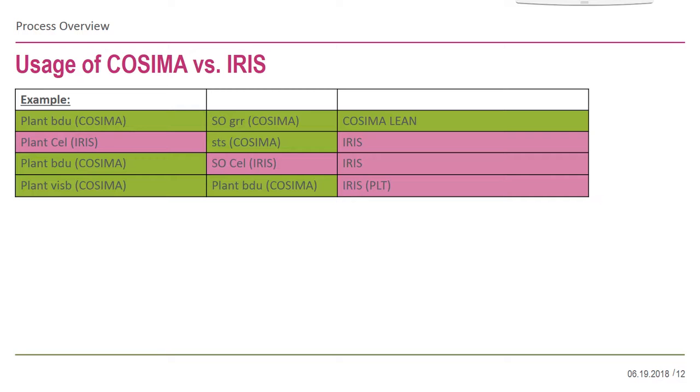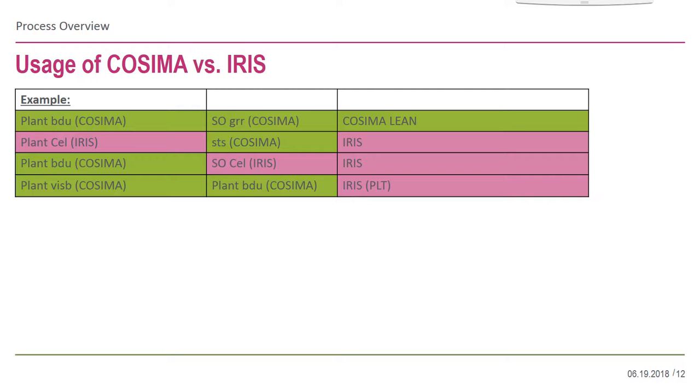And this is going to be for quality complaints, delivery complaints, non-complaints, terms complaints, everything but PLTs, which we'll discuss in just a sec. So when the plant and sales office both have Cosima rolled out, Cosima Lean is going to be used as the system for complaint management.